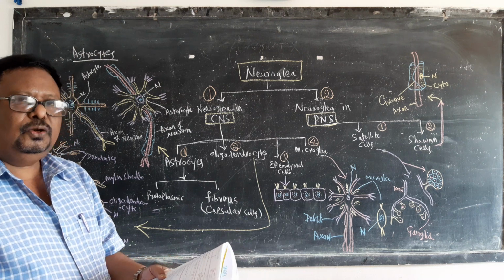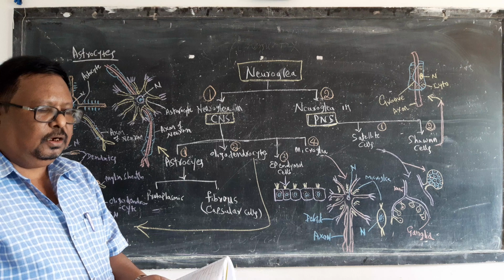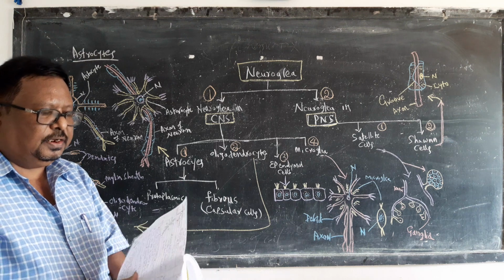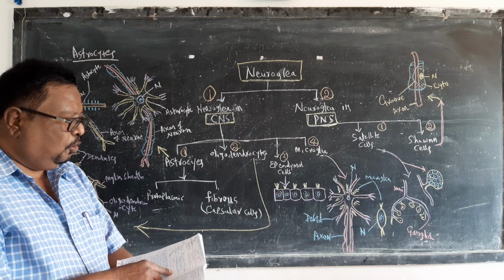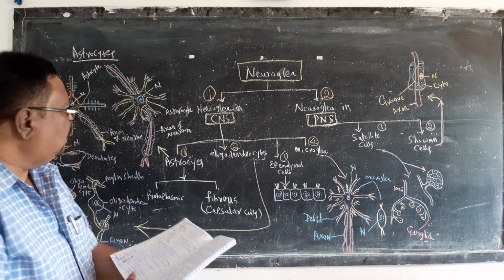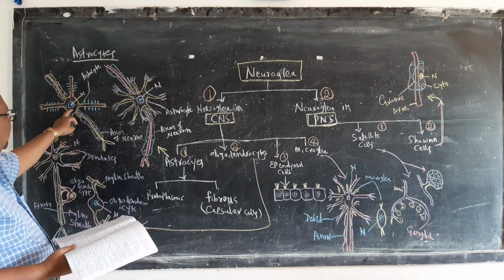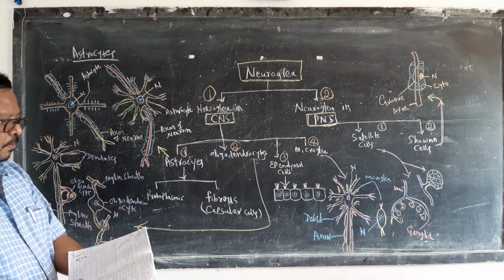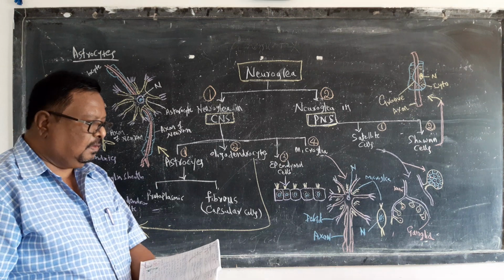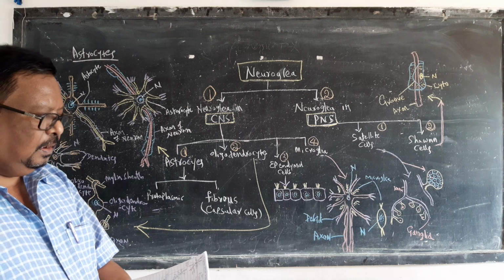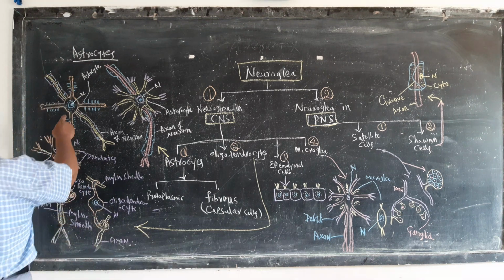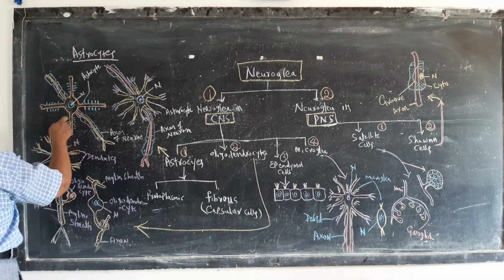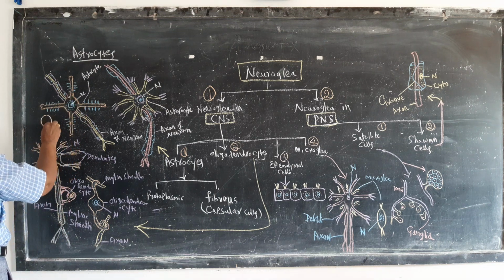Astrocytes are of two types. The first one is the protoplasmic astrocyte. In the protoplasmic astrocyte, the processes are thick and symmetrical.